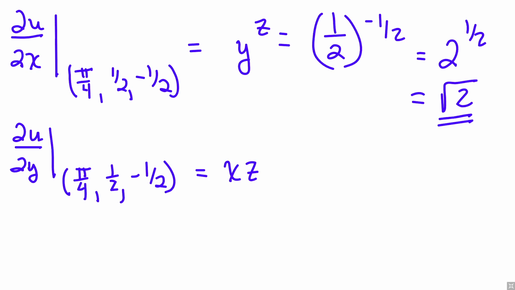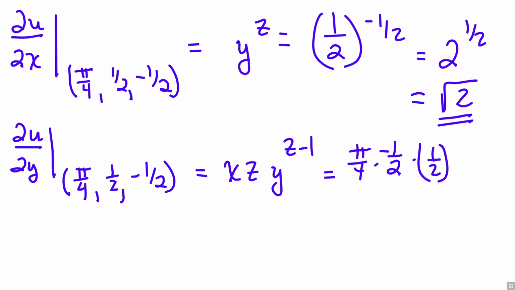So xz y to the z minus 1. So we're going to have pi over 4 times negative 1/2 times 1/2 raised to the negative 1/2 minus 1.